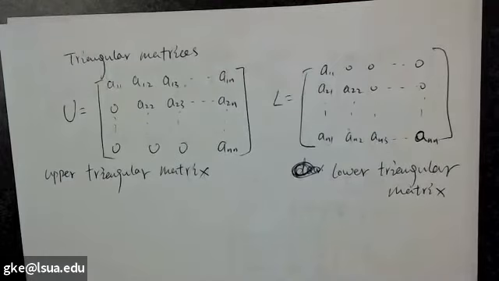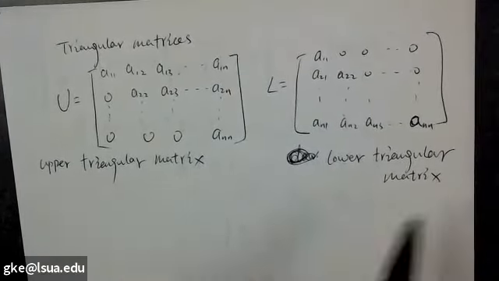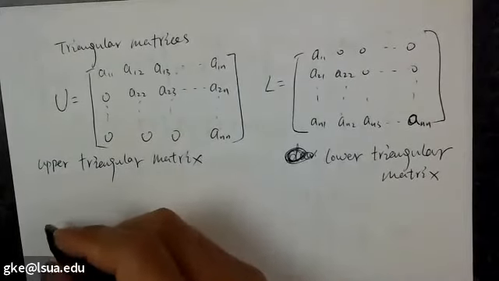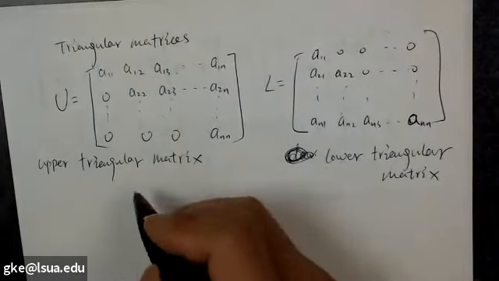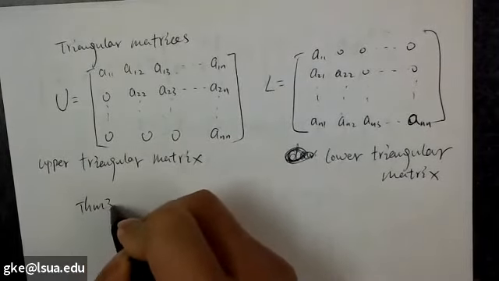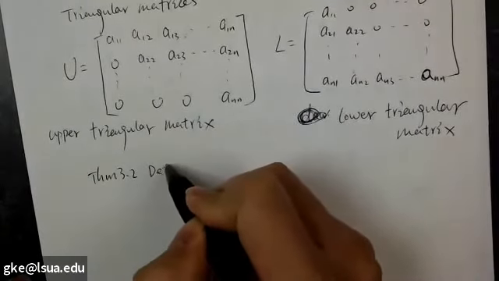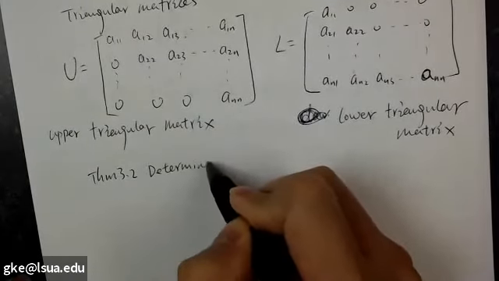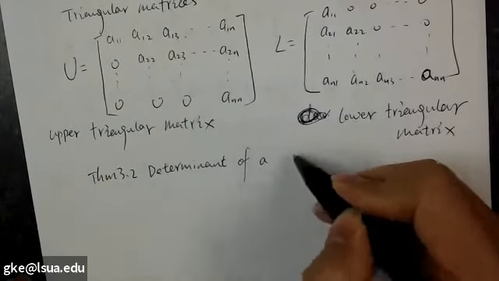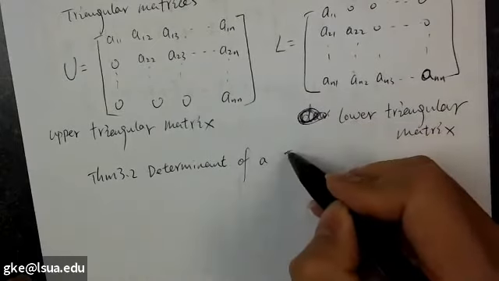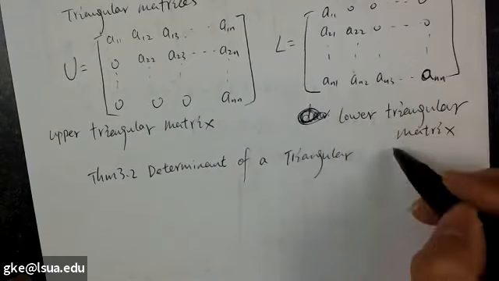Now, for the lower triangular or upper triangular matrix, we have the following property for the determinant. Theorem 3.2. Determinant of a triangular matrix.